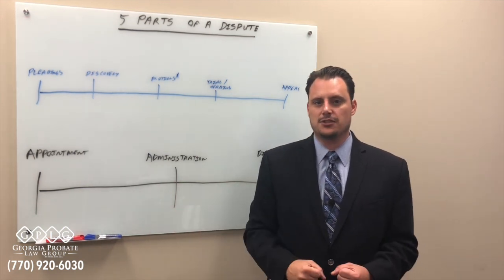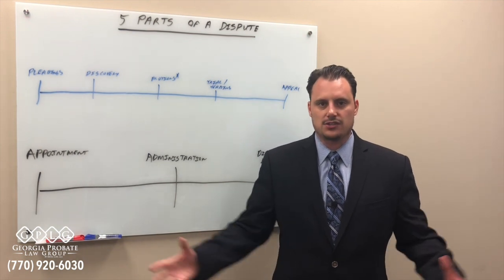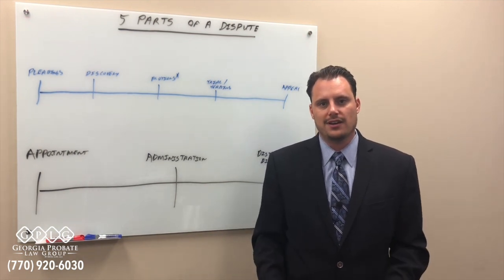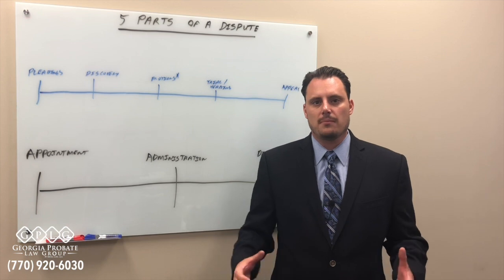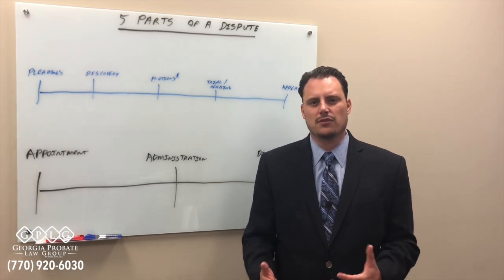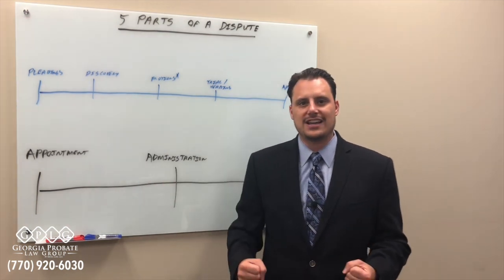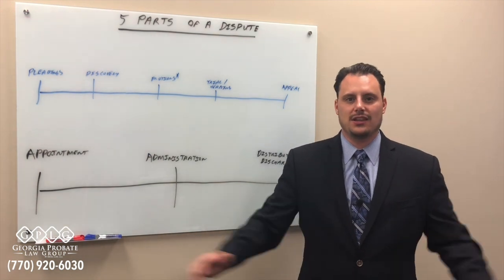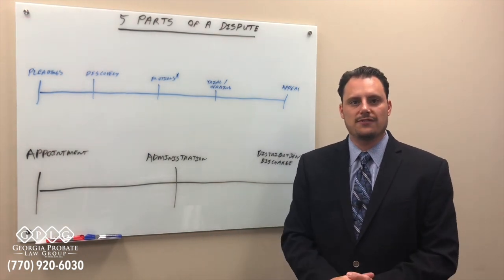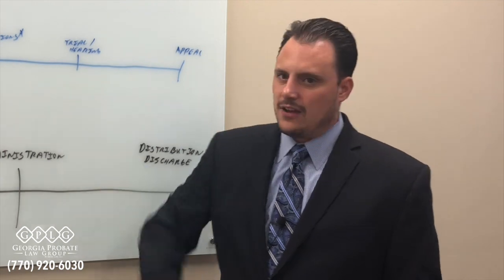It could be one party dismisses entirely. They decide to quit fighting over it. It could also be where the parties come to an agreement that's some sort of a compromise between what the various allegations have been. The sky's the limit. We've seen all sorts of different types of settlements. That's our five parts of a dispute. Those are the ways that a case can end once a dispute has begun.